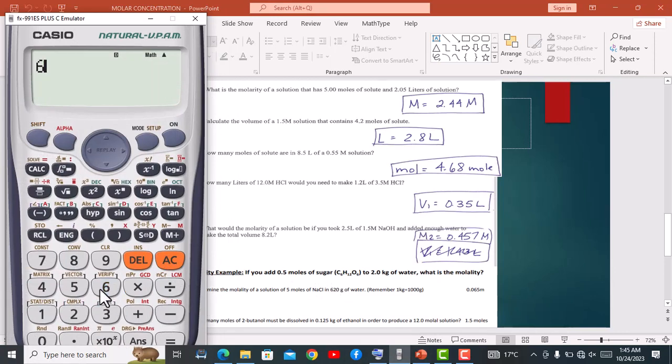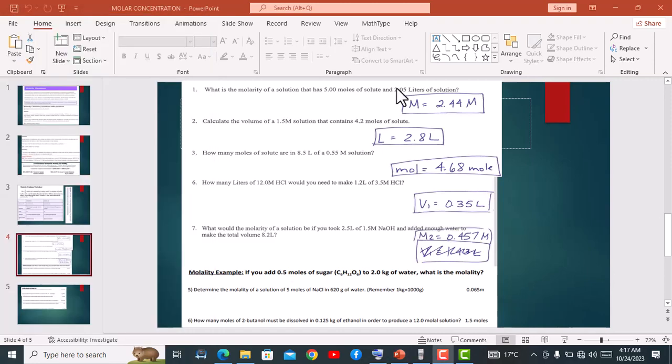So I'm just going to say 620 divided by 1000, and I get 0.62. So what I can do now is to take, because they say what is the molarity, I'm taking 5 moles divided by 0.62, and that should be enough to provide me with an answer.